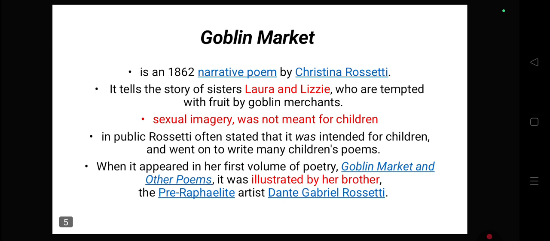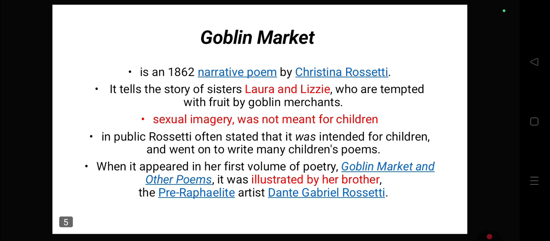It appeared in her first volume of poetry. The name of the anthology by Christina Rossetti was Goblin Market and Other Poems. An anthology actually has several poems, sometimes by several different poets. So here we have the collection of poems, and the name of that was Goblin Market and Other Poems. In that collection, this poem was published.